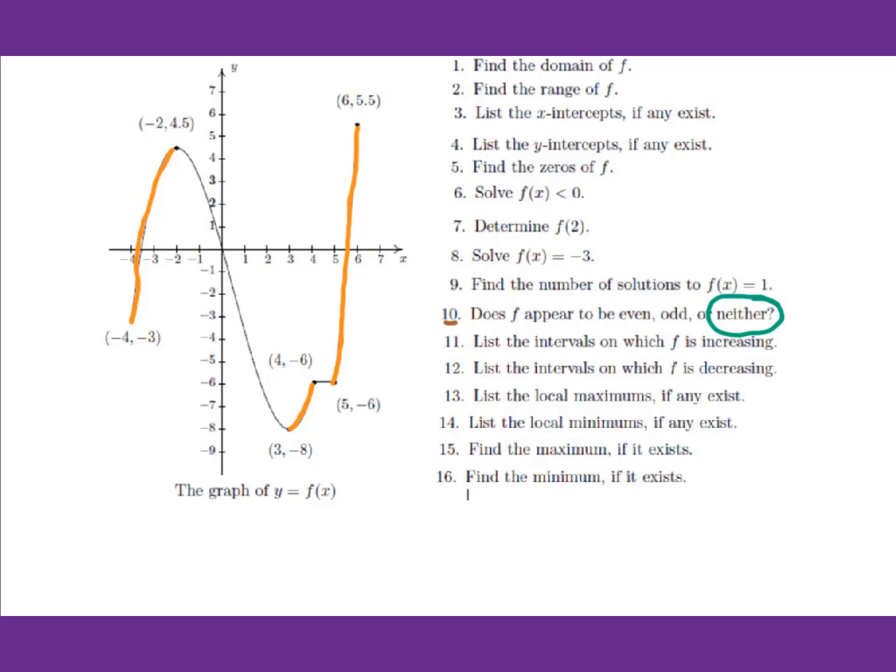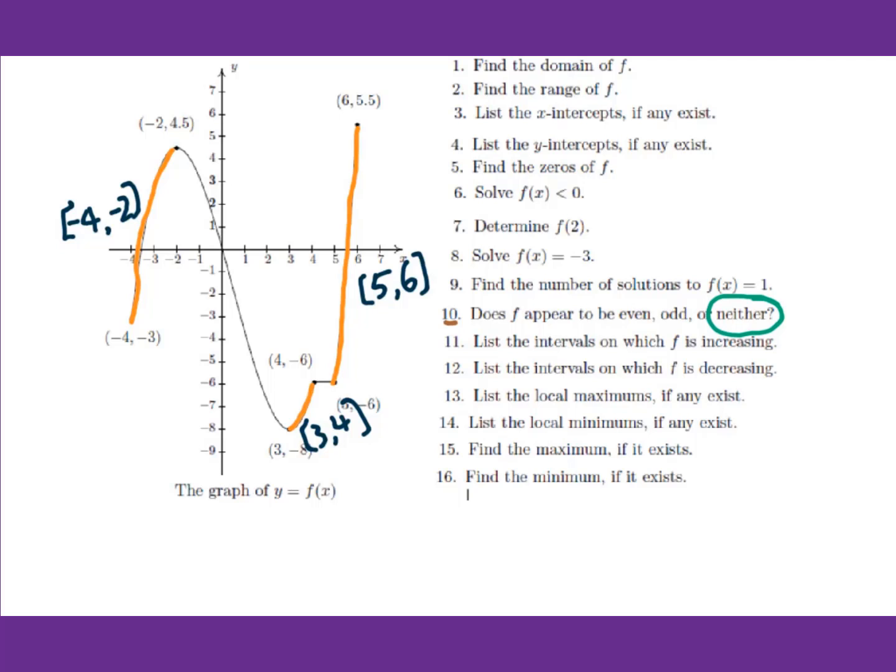Then you need to figure out the domain for each part of the graph which is going up. For this part, the domain is from -4 to -2. This part is 3 to 4. This part will be from 5 to 6.